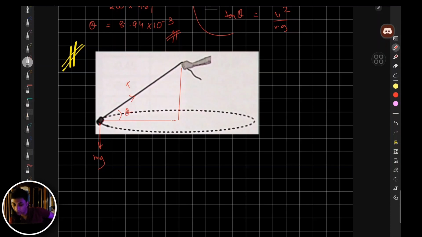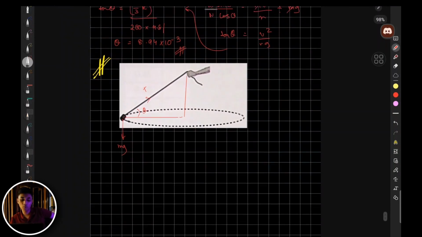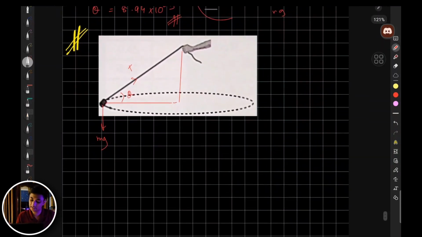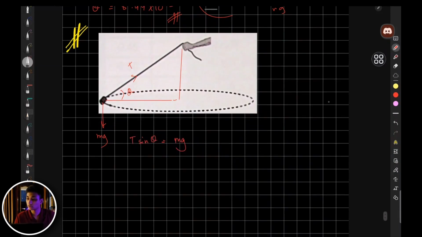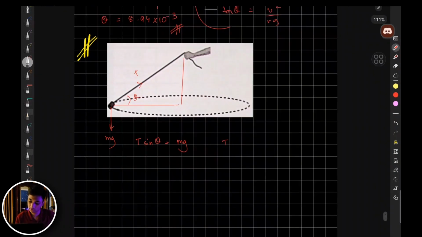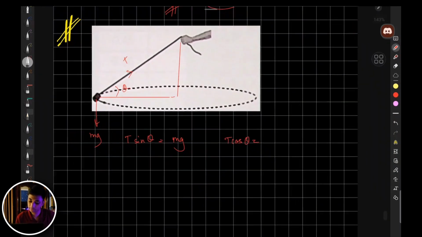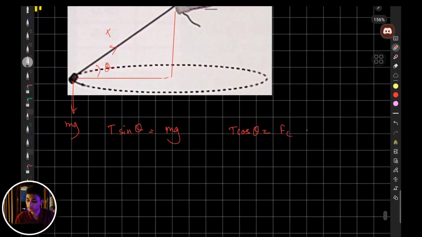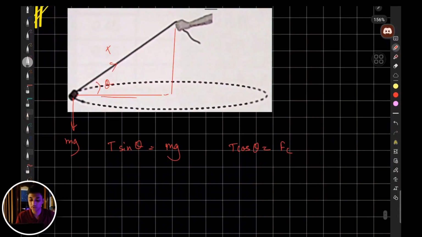Therefore, if we want to resolve the forces, we can say, let's take T sine theta. T sine theta is equal to mg. This is one equation. The other equation is going to be T cos theta. T cos theta is the centripetal force, which is in this direction towards the center.